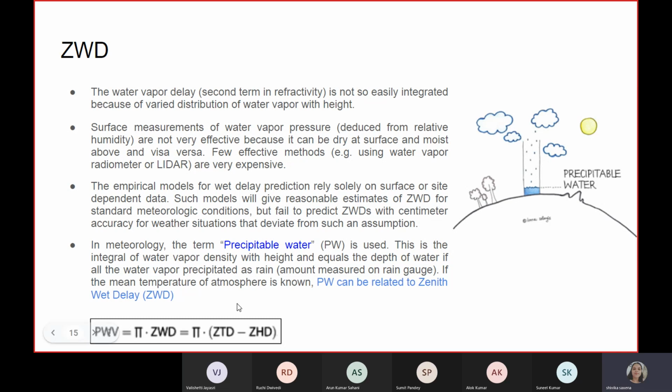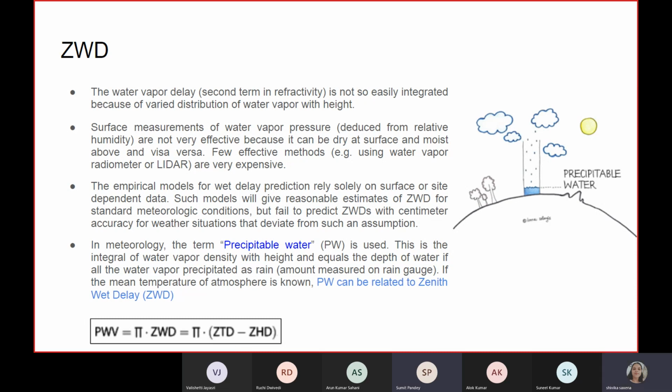Where are we getting this total delay? We are getting it as a byproduct during the GNSS processing, which is mainly done to find the correct position estimate of the station coordinates. I hope this is clear.